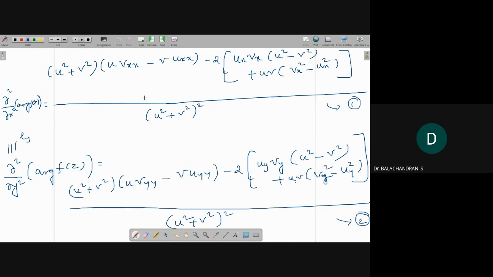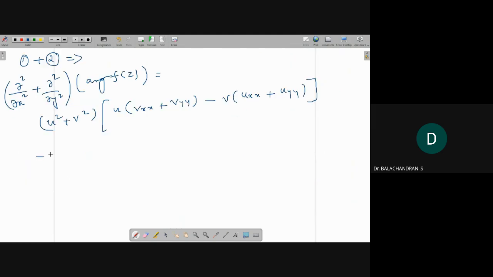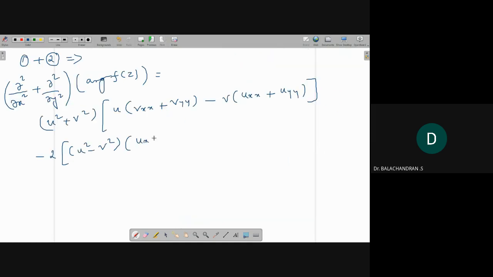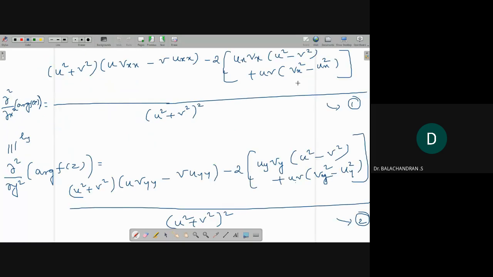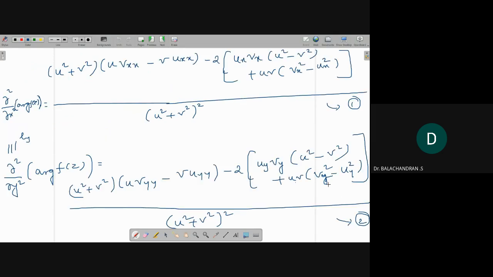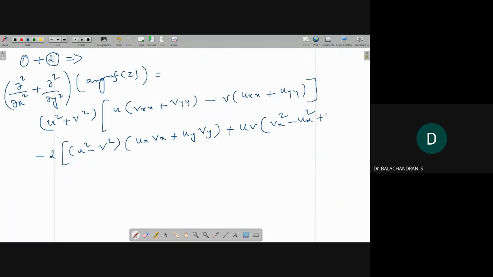That's all, this is over. Then minus 2, I took u square minus v square common, remaining you have u x v x plus u y v y, and here u v is common, so v x square minus u x square, and then plus v y square minus u y square.